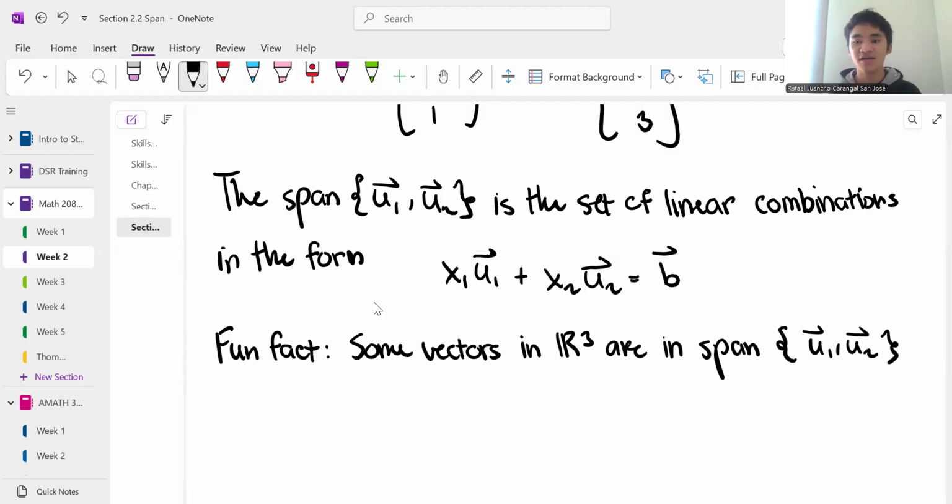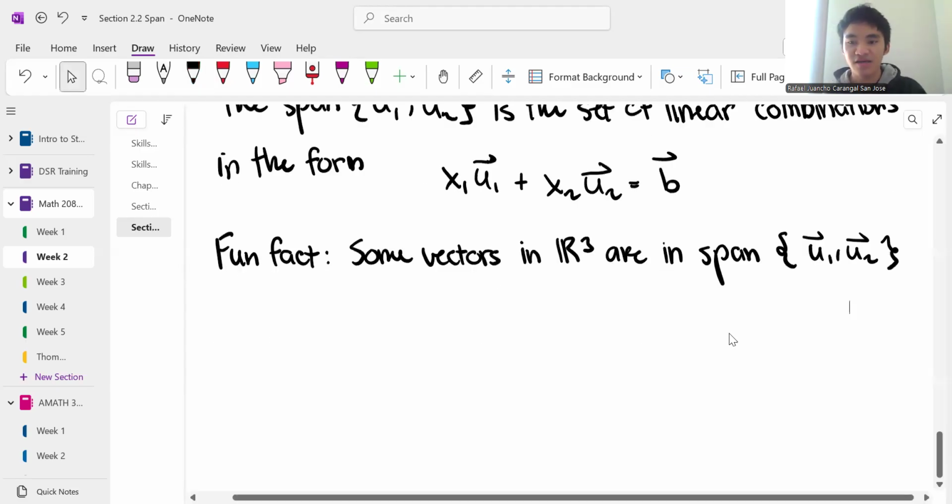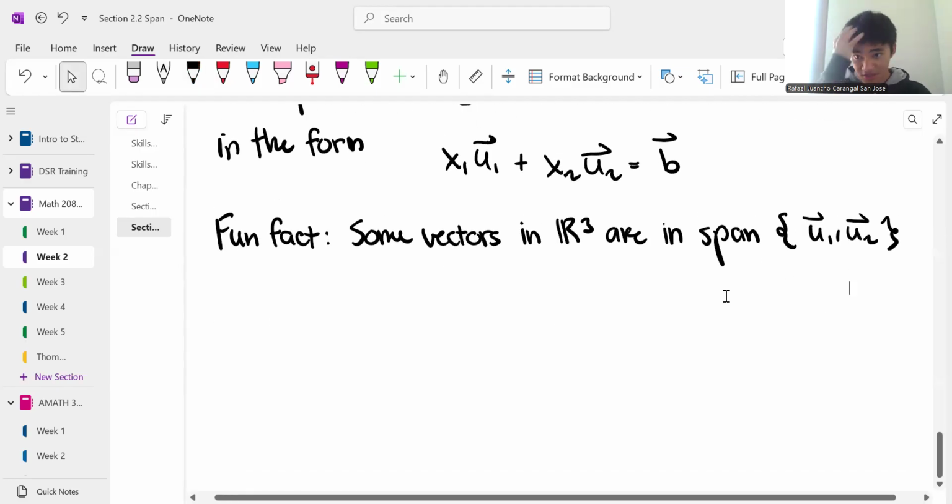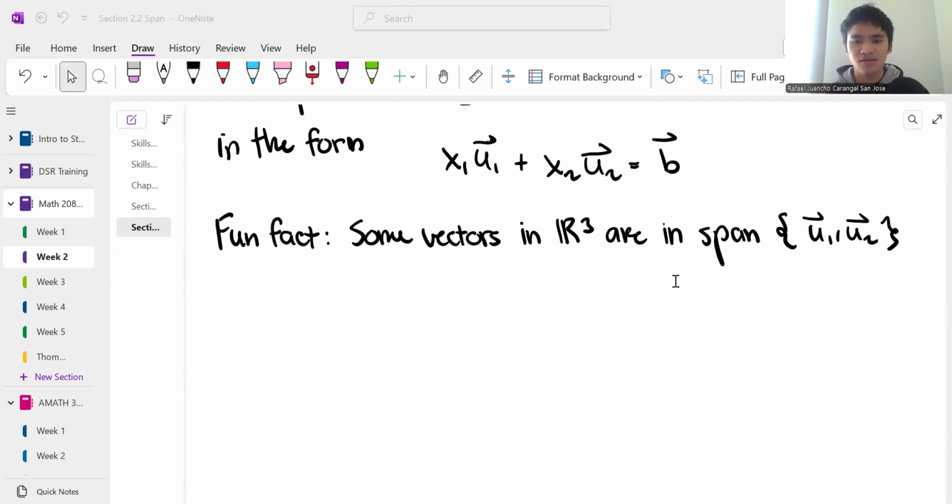And that depends on whether we can write the vector, say that vector W, as a linear combination of u sub 1 and u sub 2. That's how we'll know if it's in the span. Because we know u sub 1 and u sub 2 are in R3. Okay, let's give an example.